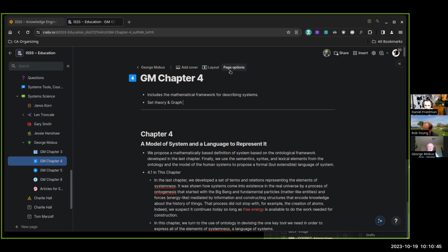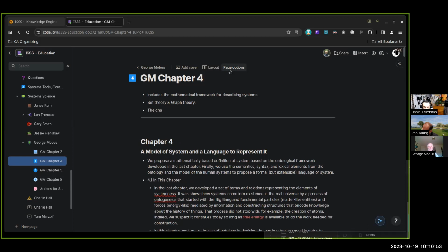And then I pointed out that the chapter is really about the language of systems, which includes a mathematical representation, a graphical representation, that is a visual representation, and a natural language representation. So the chapter really covers all of those aspects of it.